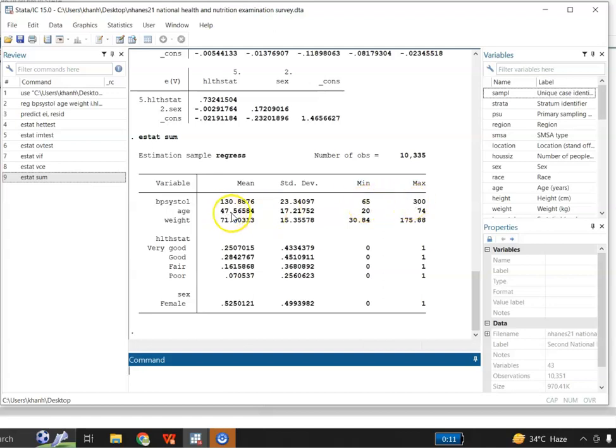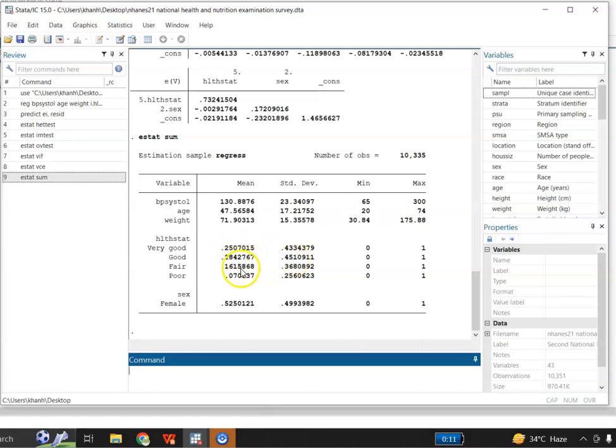This is the mean of the age. This is the standard deviation of the age. So minimum and maximum. This is for age. Sorry, for weight. The average value for the weight, the standard deviation, the minimum weight, and the maximum weight. And these are the minimum and standard.